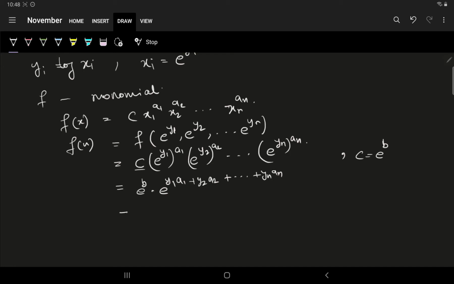Okay, so this we can write like an exponential of an affine function.